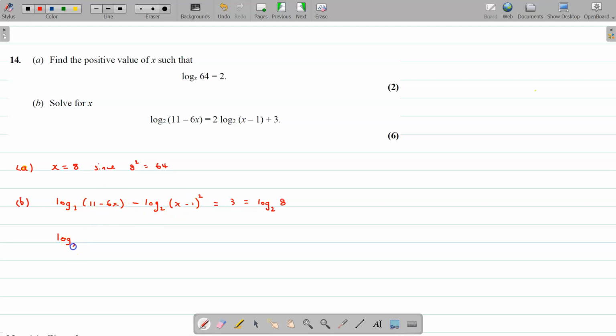So log to base 2 of, now all of that in there would be 11 minus 6x over x minus 1 all squared. And that expression in there comes about from using the division rule of logs. So that is equal to log to the base 2 of 8.